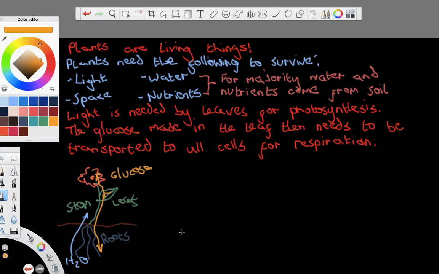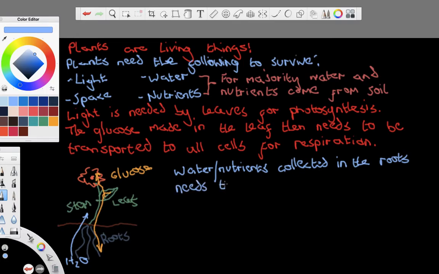Okay? So we can say that water and nutrients collected in the roots need to be transported upwards through the plant.